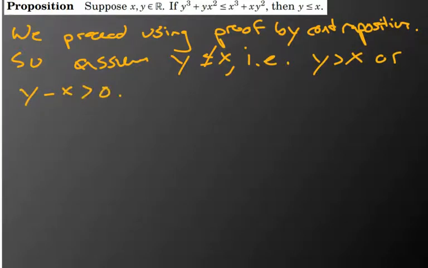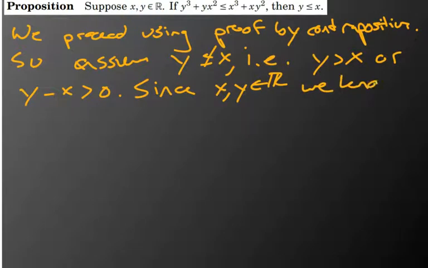And then you could say something like, since x and y are in R, right? That's just given up here. We know x squared plus y squared is greater than 0.